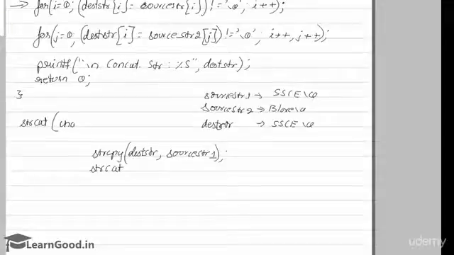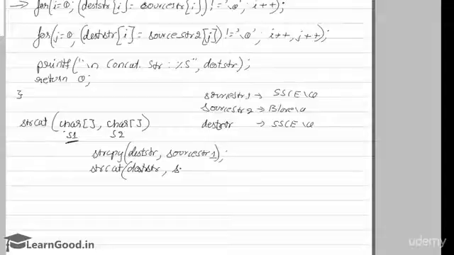So it takes character array comma character array. This is the syntax. So here this is taken as string 1 and this is string 2. Both string 1 and string 2 are concatenated and the result is stored back into string 1. So in that case I have to give here dest str comma source str2.